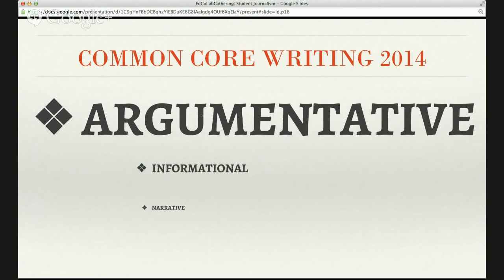I like that it simplifies things by breaking it down into really three overall modes of writing: argumentative, informational, narrative. The problem I have is that in my experience, and maybe this isn't the same elsewhere, over the past few years, argumentative has just been this huge chunk of writing that we focus on at the cost of the other two.